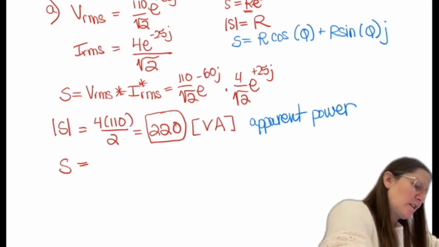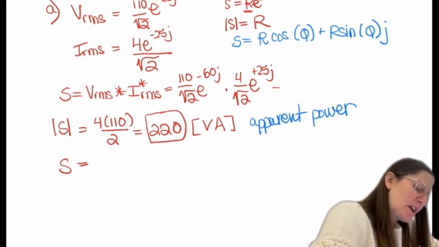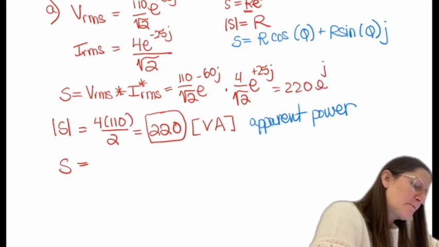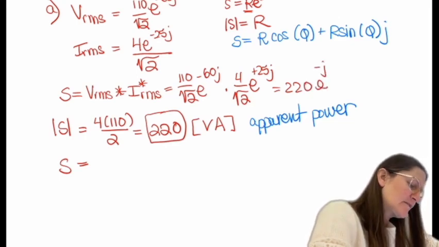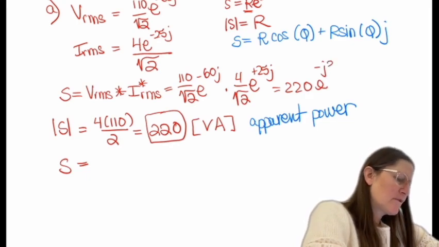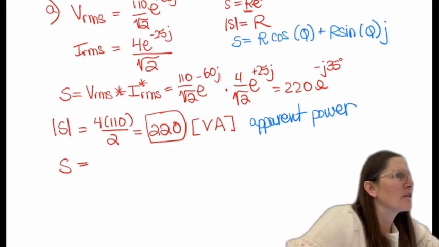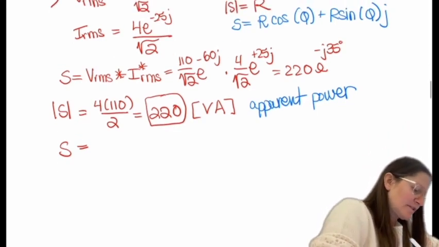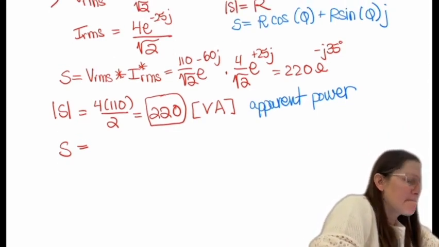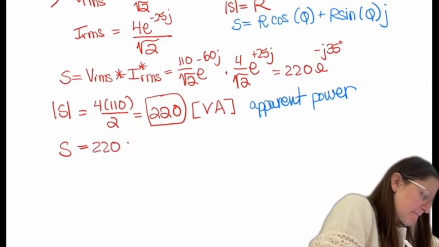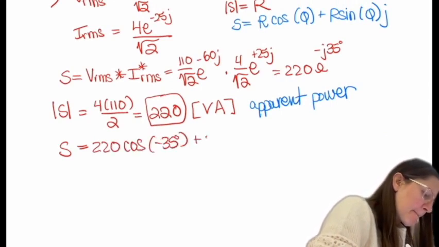So going back to this, we have 220 e to the j minus 35, yeah, 35 degrees. And so S will be 220 cosine of negative 35 plus 220 sine of negative 35 j. Yep.